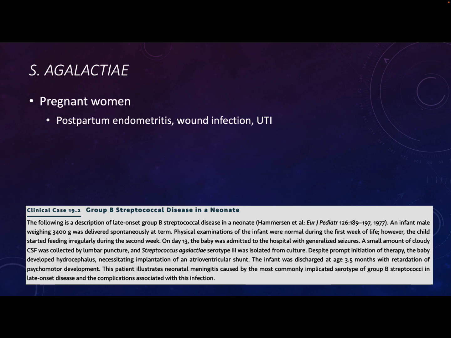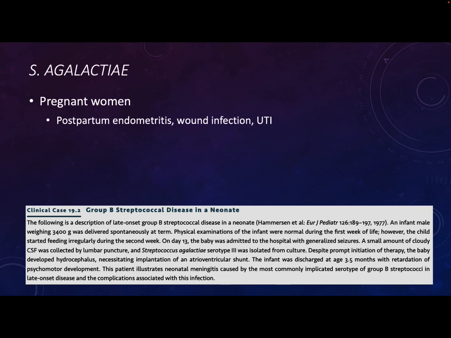Women who have an epidural tend to get a catheter, and they're far more likely to develop a urinary tract infection when you have a catheter. So in the immediate postpartum period, there's a higher risk for women who are pregnant.